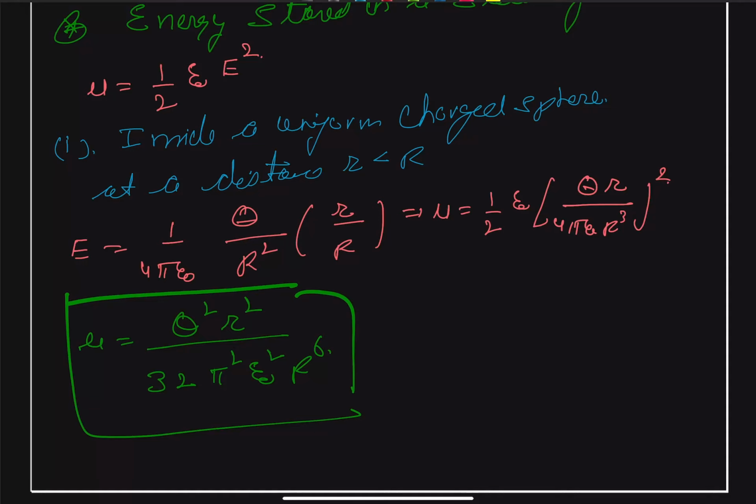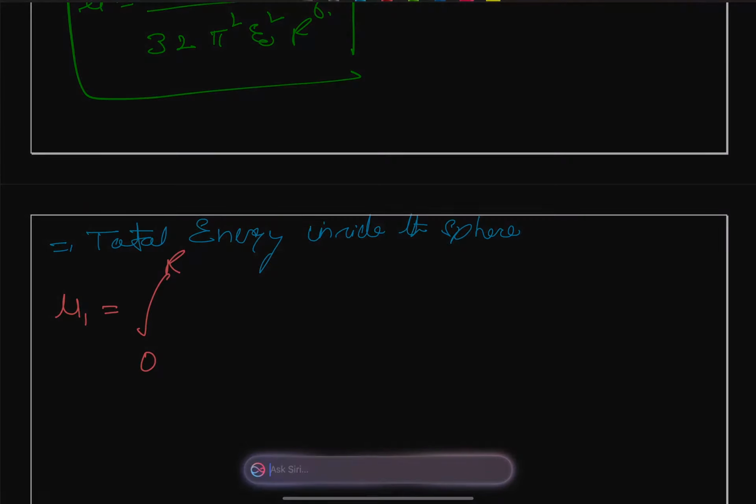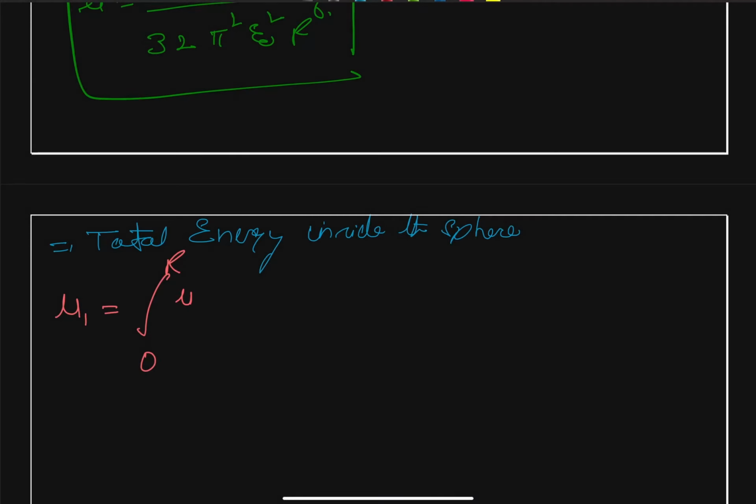Therefore, the total energy inside the sphere, which we can call U1, will be equal to the integration from 0 to R of u multiplied by dV.